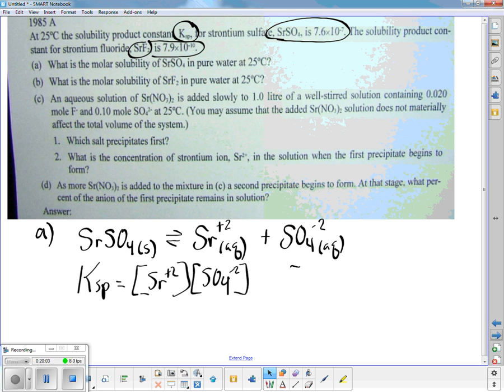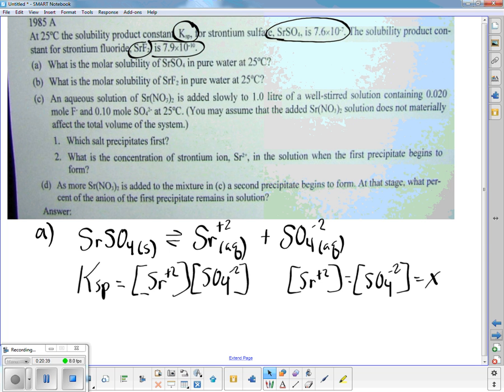So I can say that Sr+2 is equal to the concentration of SO4-2, which I'm going to call X. Okay, so all I did was split the solid up into its ions. Once it's in its ions, now I'm going to do a K for it, products over reactants. So here's my products. The reactants are solid, they drop out.